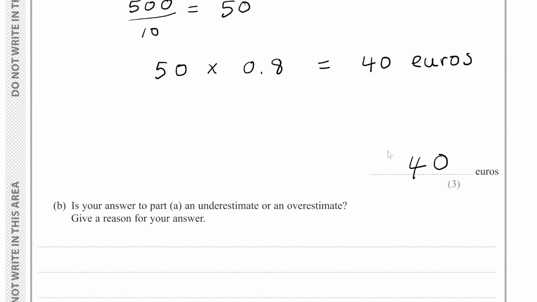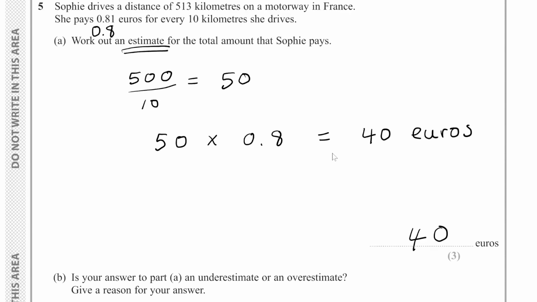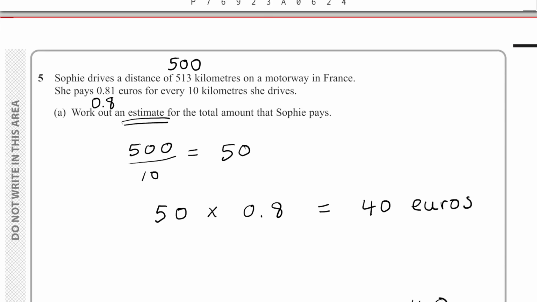Is your answer an underestimate or an overestimate? So what did we do to the numbers? We rounded them down. So we've done a shorter distance and less money for each 10 kilometers. So our answer is actually going to be lower than it should be. The actual answer will be higher. 51.3 times 0.81 will be bigger than 50 times 0.8.